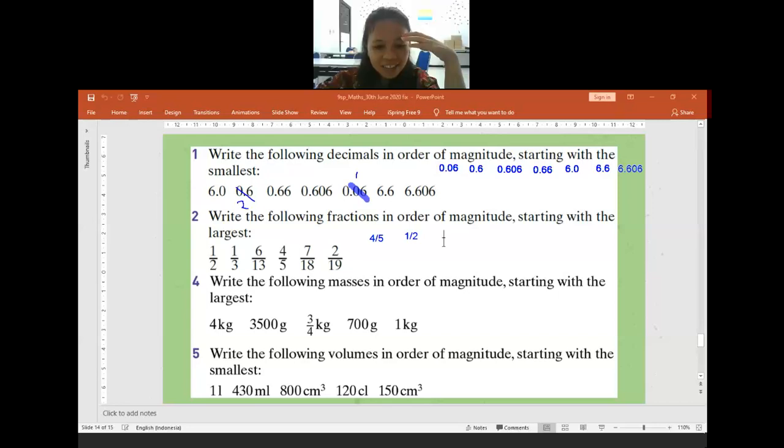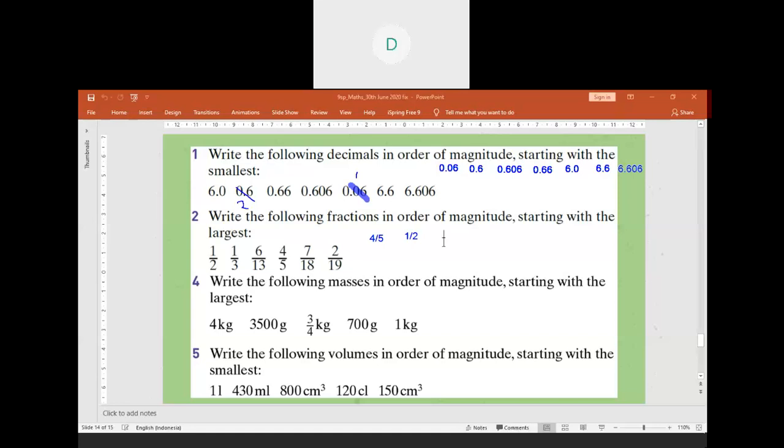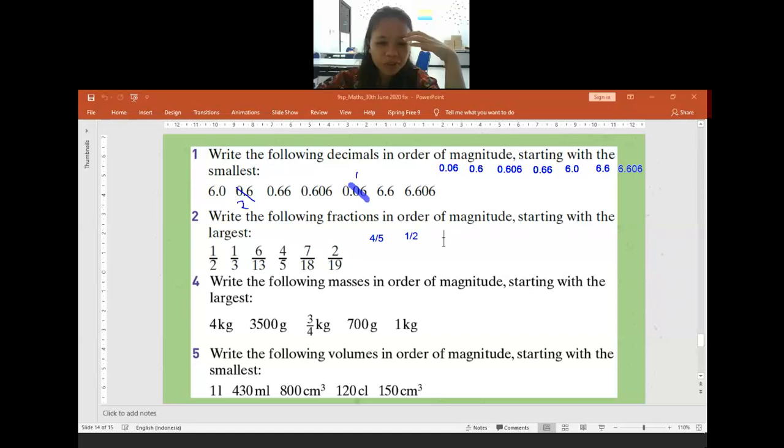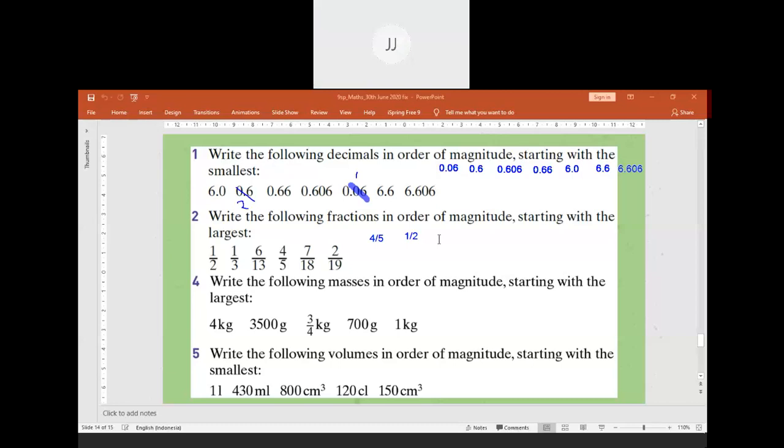Is it? No, I don't know. How many? 6/13 or 1/3 first? Or is it 7/18 first? Or 2/19. No, 2/19 is small.